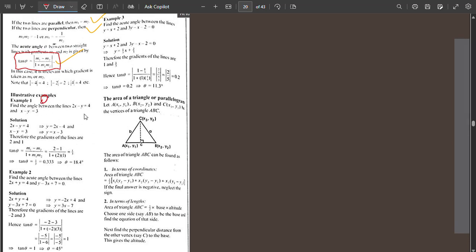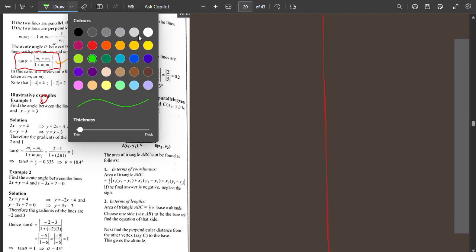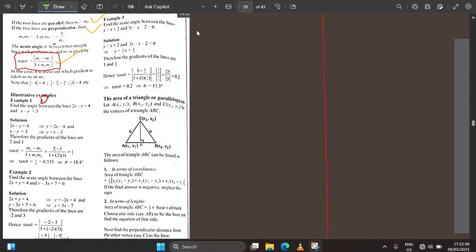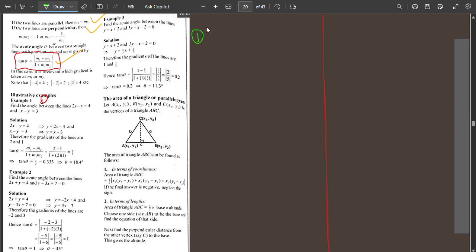example 1. Find the angle between the lines 2x minus y is equal to 4 and x minus y is equal to 3.